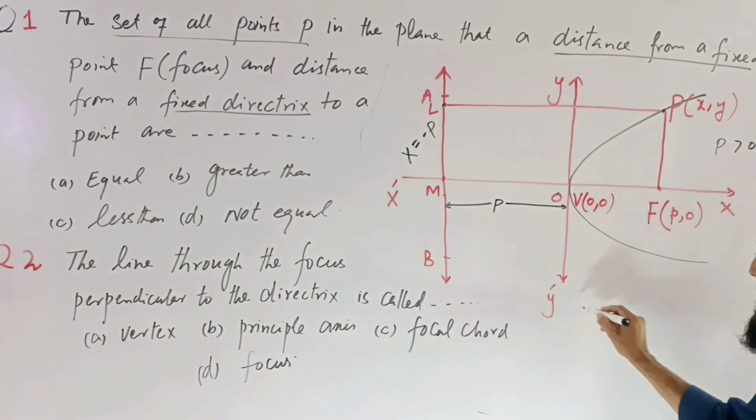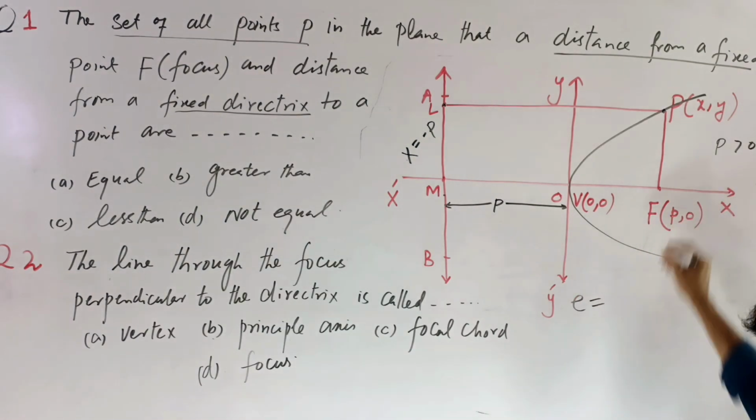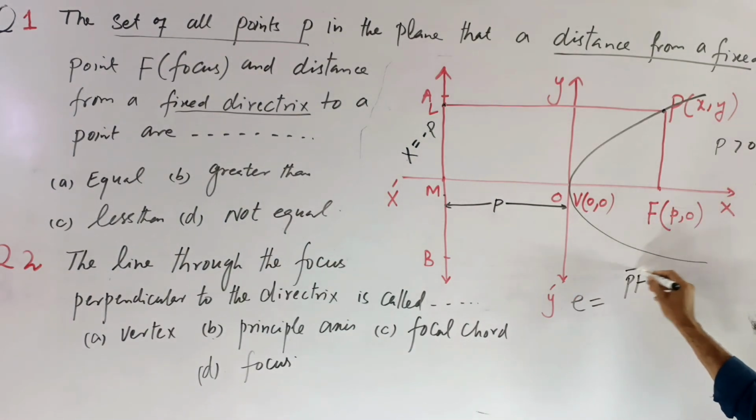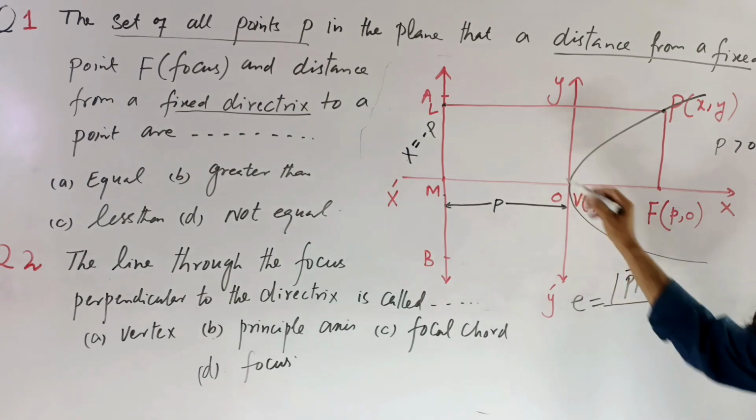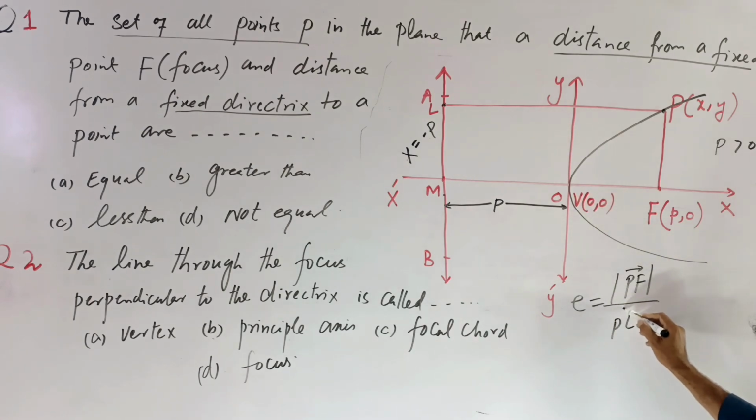We find eccentricity as the ratio PF to PL, so they must be equal.